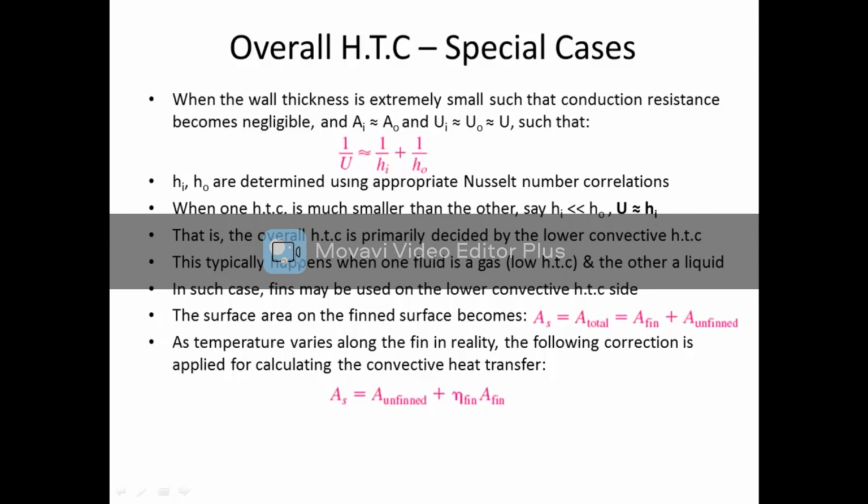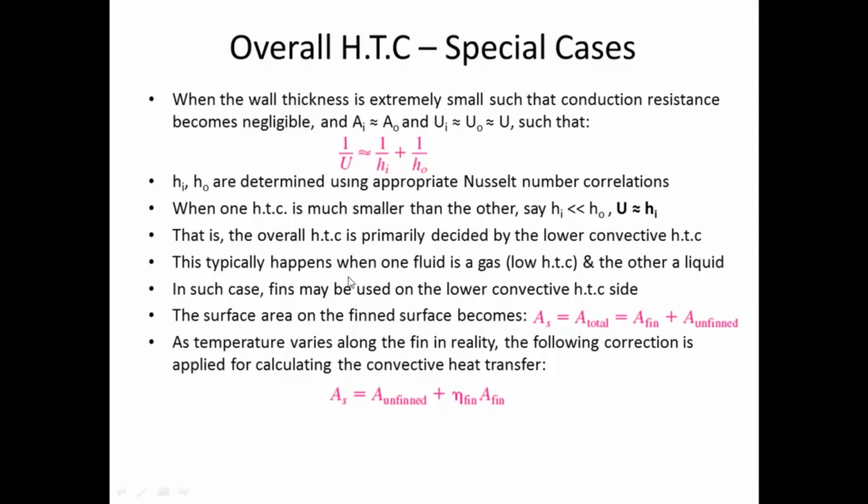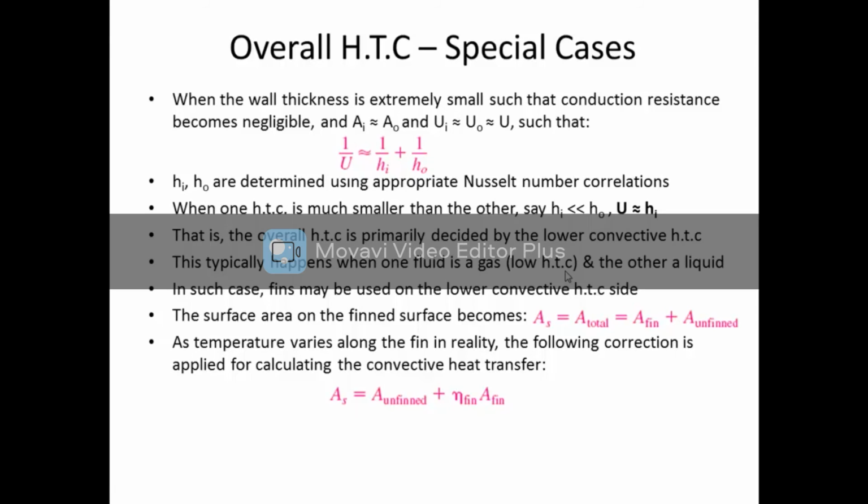That means that the overall heat transfer coefficient is primarily decided by the lower convective heat transfer coefficient. A good example of this is a case where one of the fluids is a gas which has a low heat transfer coefficient, and the other is a liquid which will have a higher heat transfer coefficient, so that the overall heat transfer coefficient will be equal to the heat transfer coefficient for the gas side.